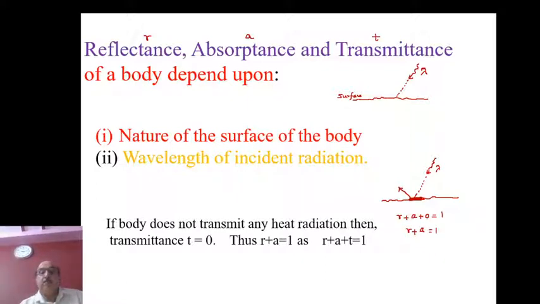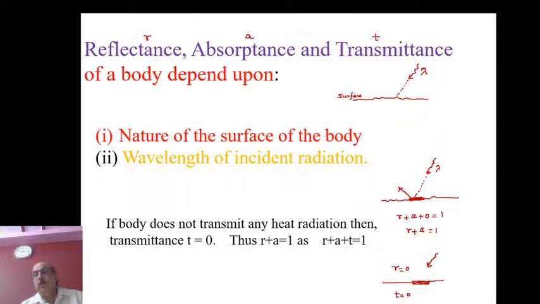Now in the second example, if we have an object and the radiation is falling on it, and this object has a property that it does not reflect, that is R is equal to 0, does not transmit, that is T is equal to 0, and it only absorbs the radiation.